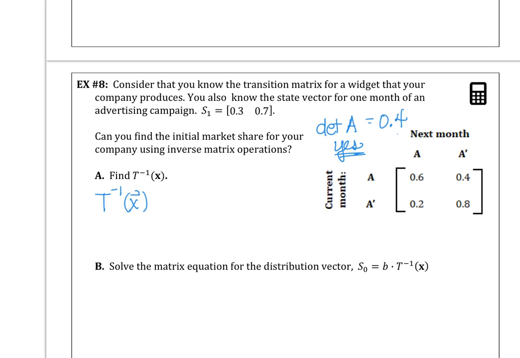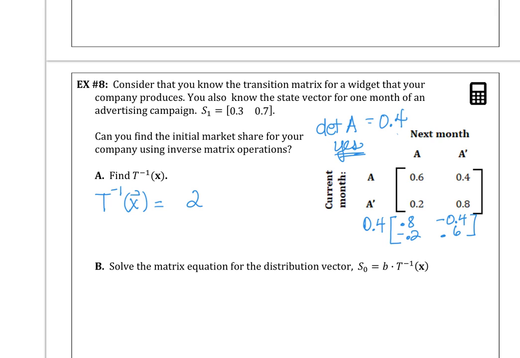So to find the inverse matrix, we want to take 1 over 4/10, and for the inverse, we switch the 8 and the 6, so 0.8 goes here, 0.6 goes here, and then the 2/10 becomes negative, and the 4/10 becomes negative. So what does that give us? 8/10 divided by 4/10 is going to be 2.